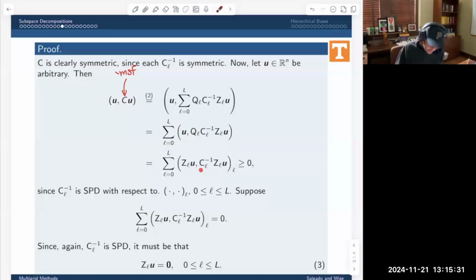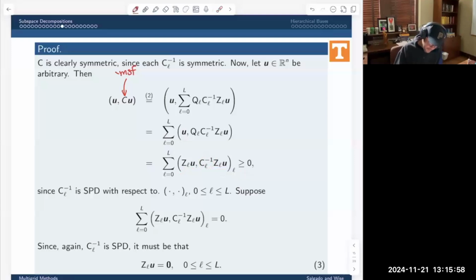And that's because I know that this guy is SPD. And so this is like an SPD with the same vector appearing in both locations. In fact, I can pull this out down to here, and I could use that as my inner product. In any case, I know that each one of these is going to be greater than or equal to 0 for each L. So that tells me that the whole sum is greater than or equal to 0.